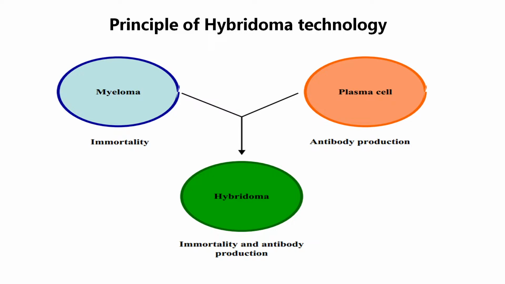They fused these two cells to give rise to a hybrid cell, known as a hybridoma cell. Ideally, this hybrid cell should have characteristics of both parental cells. From the plasma cell, it gets the characteristic of antibody production, and from the myeloma cell, it gets immortality. So our hybridoma cell will have both the antibody-producing capacity and immortality.